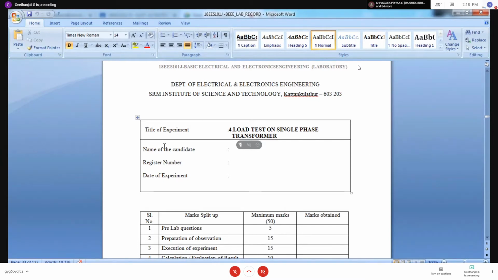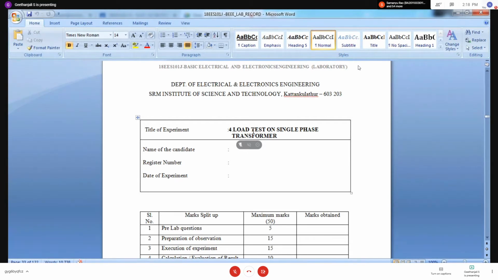So load in the sense, we are not at all loading the transformer. The exact meaning of this load test is that we are going to use the electrical energy obtained in the secondary of the transformer. You should not think that we are keeping a heavy load on the transformer. That is wrong.